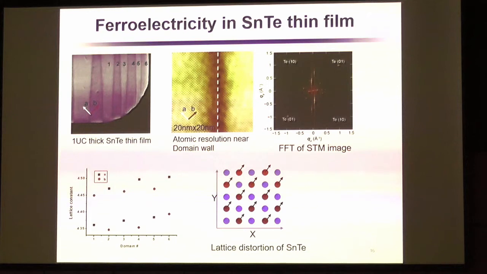Combined with the bending information of the charge, we can identify the in-plane polarization of these thin films. It's a little bit challenging, but we're very lucky to get this information. So you can see here all the polarization directions are head to tail to reduce the energy.